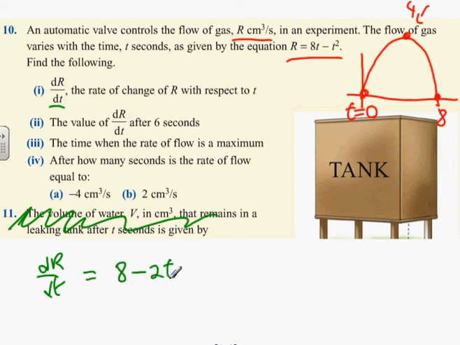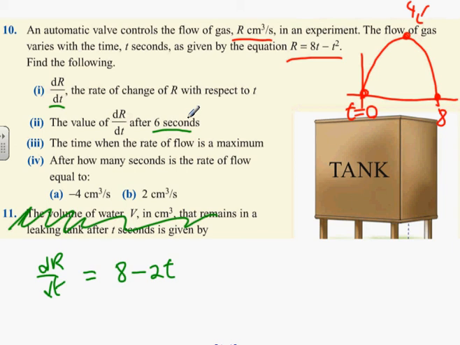find the rate after 6 seconds. Now guys, excuse me, 6 seconds. Is 6 seconds on its way down or its way up? From 0 to 4, you're on your way up. From 4 to 8, you're on your way down. We're expecting a positive or negative answer. If you're on your way down, it's a negative answer.